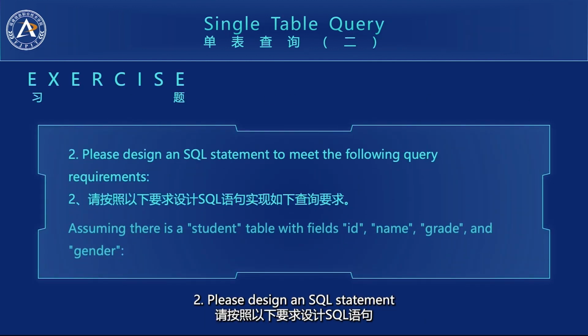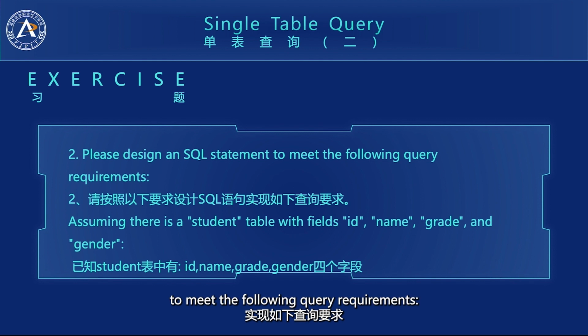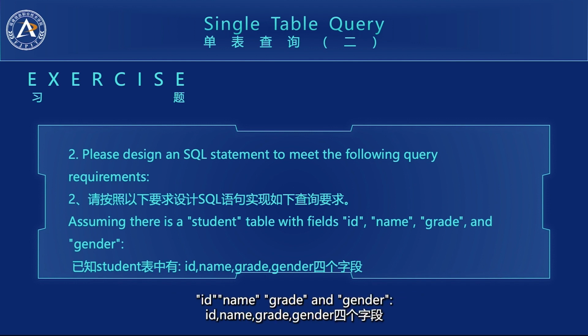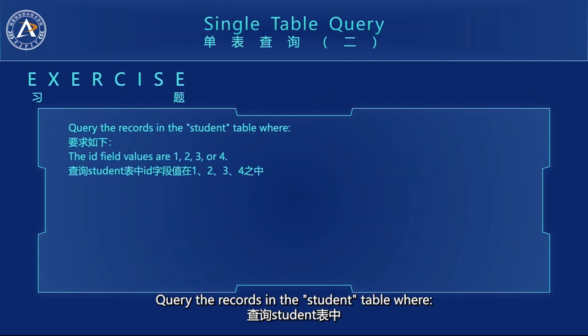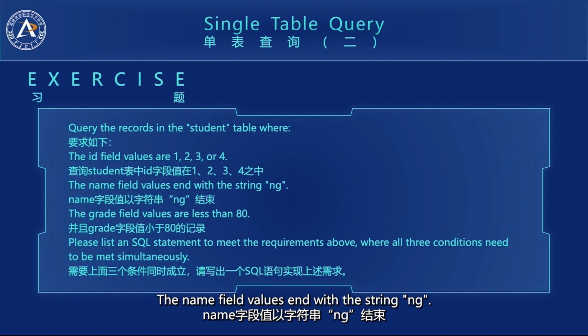2. Please design an SQL statement to meet the following query requirements. Assuming there is a student table with fields ID, name, grade, and gender. Query the records in the student table where the ID field values are 1, 2, 3, or 4. The name field values end with the string NG.